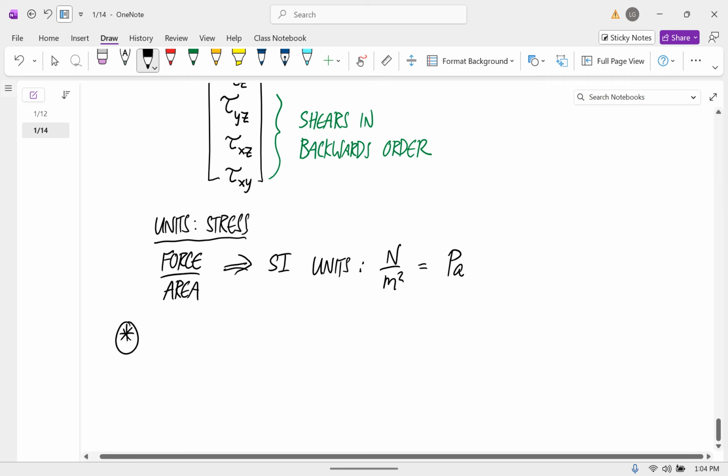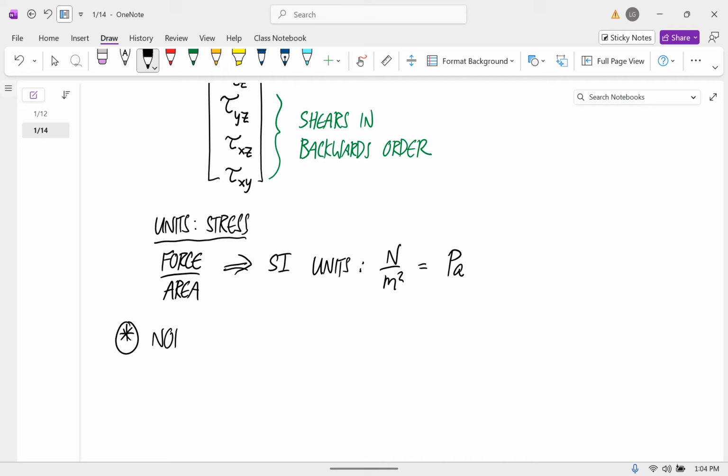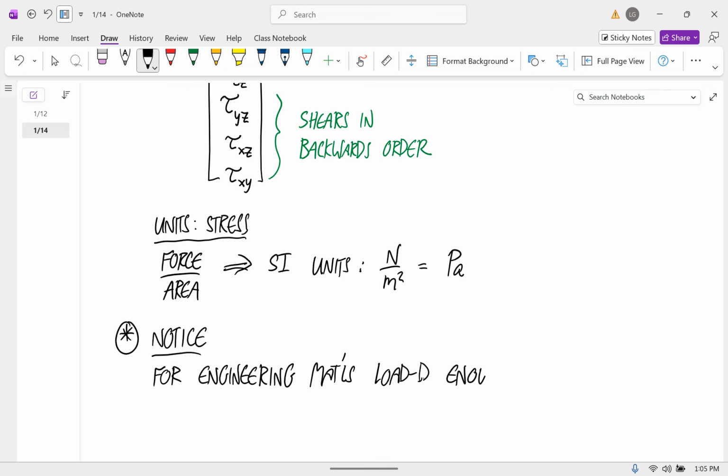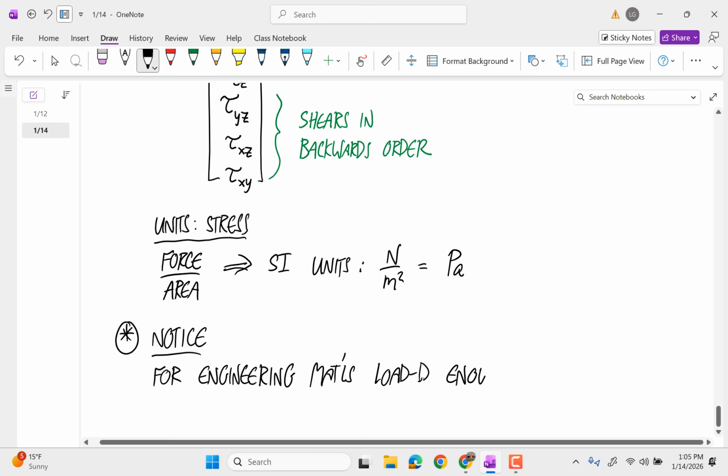So two things to notice. For engineering materials loaded enough that you care about the stresses, you know, if the material isn't anywhere near breaking, permanently deforming, anything like that, then you don't really care about doing stress calculations.